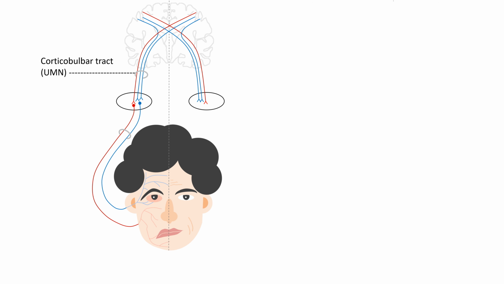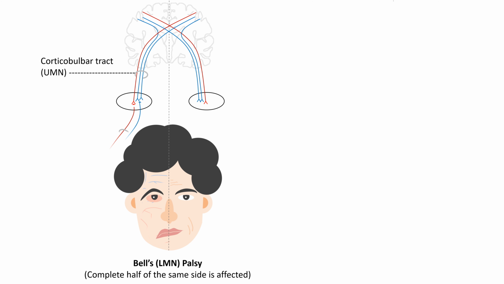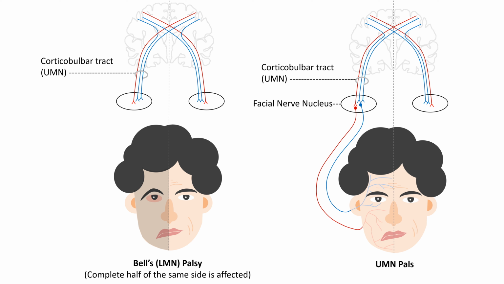As we have learned that in the Bell's palsy, complete half of the same side of the face is affected. You can see this in the illustration. This is the lesion causing complete loss of control of the right half of the face. Contrary to Bell's palsy, in upper motor neuron palsy, lower half of opposite side is affected.